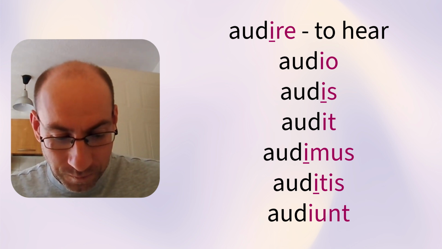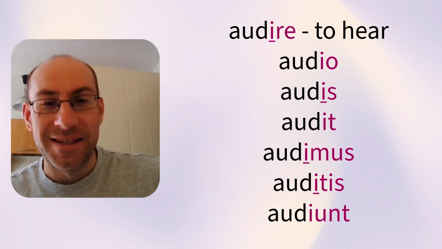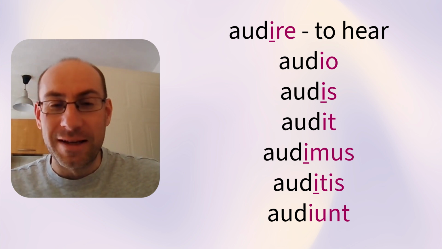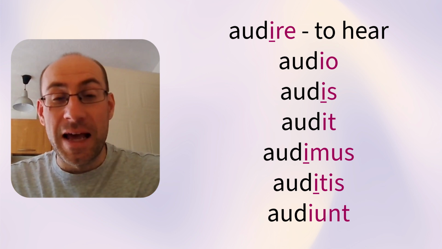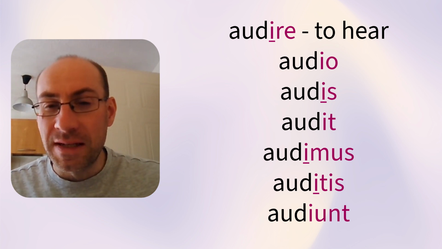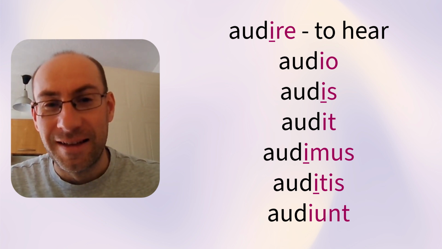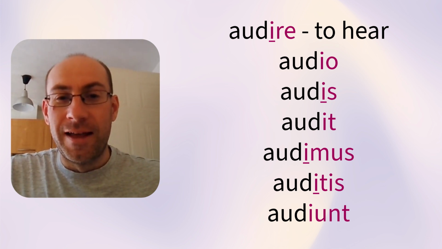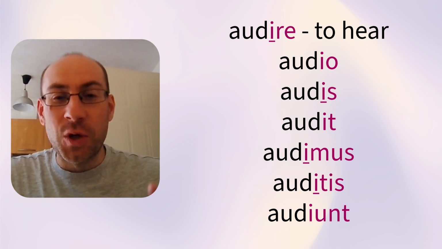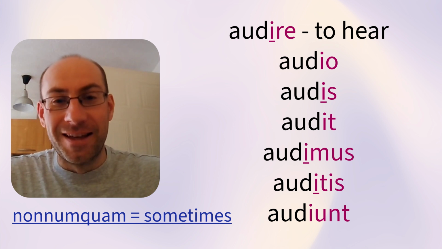Alright. I sometimes hear the gladiators in the arena. So it's I hear, so it's going to be audio. Can you remember sometimes? I added that towards the end of Unit 3. It's not never. Non numquam. Numquam is never, so not never, therefore, sometimes.